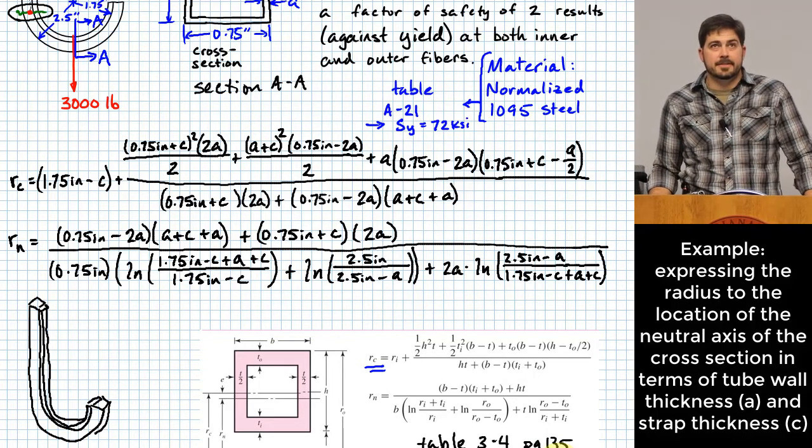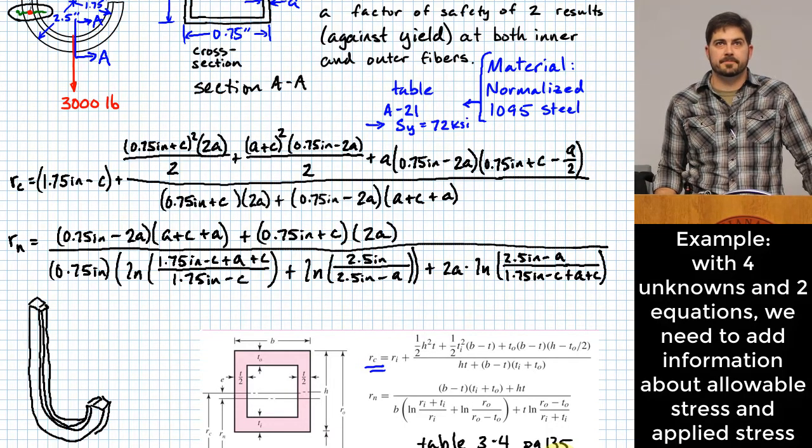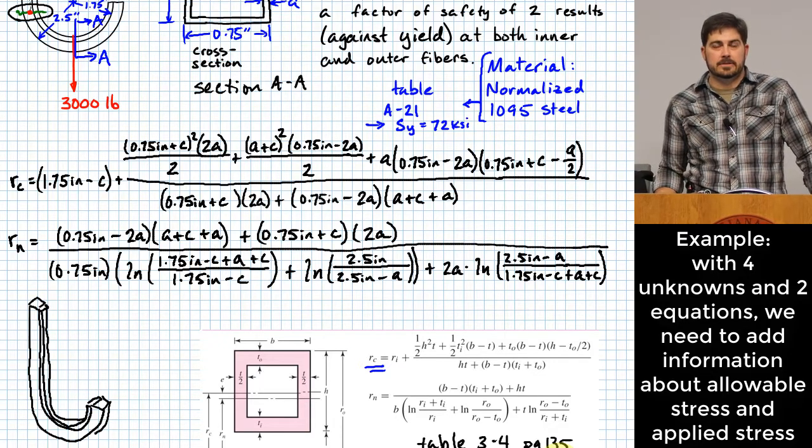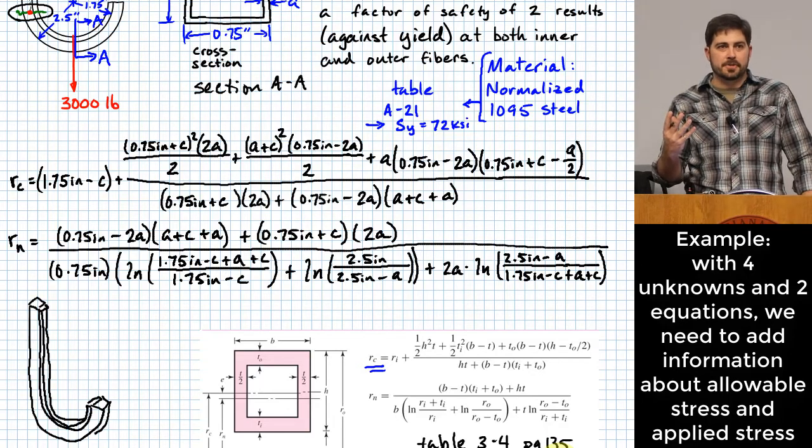All right, so now we have two equations. How many unknowns do we have in our two equations? 4. Okay, we have two equations right now in 4 unknowns.